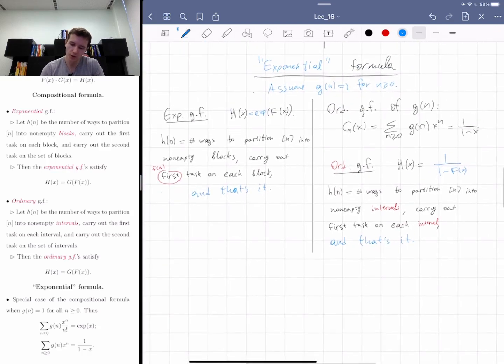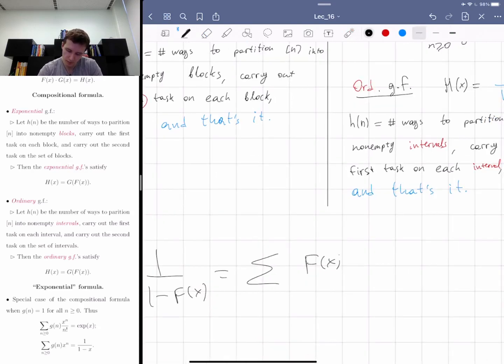Right, so if you take 1 over 1 minus f of x and you apply the definition of composition of functions, this is going to be the sum of f of x to the n. And each individual term is going to be, well, maybe I should use f of x to the k, and the sum of k greater or equal to 0.